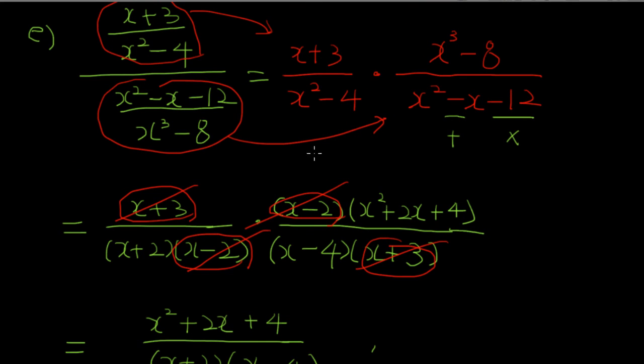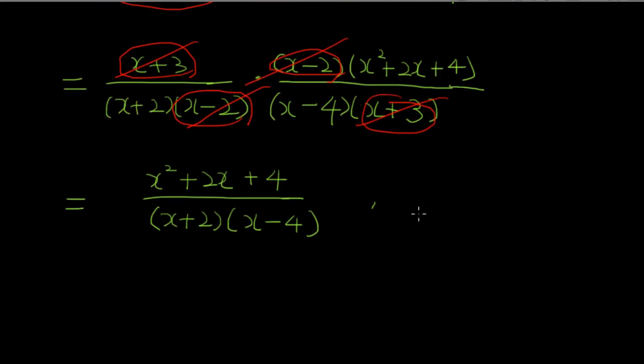And let's identify any number that makes the denominator equal to 0, right? Any one of those, including this or this or this or this, anywhere, right? So x cannot be equal to plus 2 or minus 2, right? So x cannot be equal to negative 2, x cannot be equal to 2 from these two.